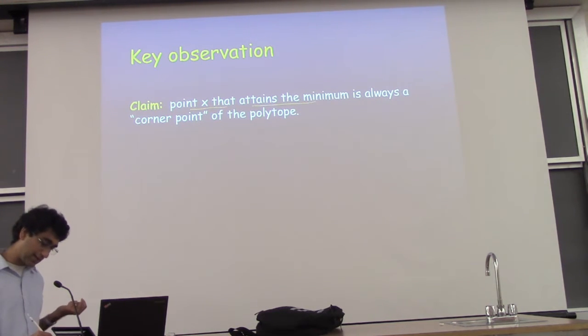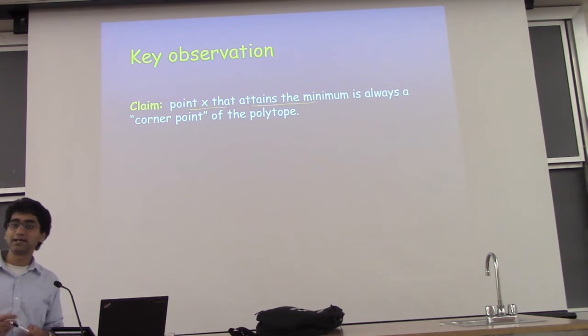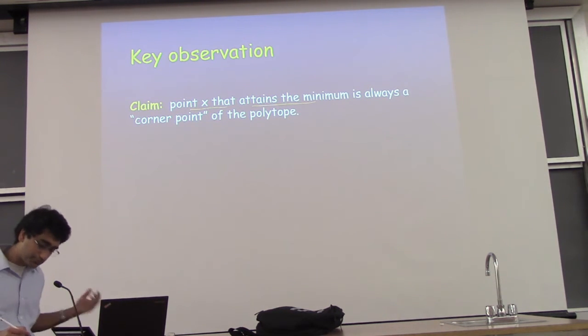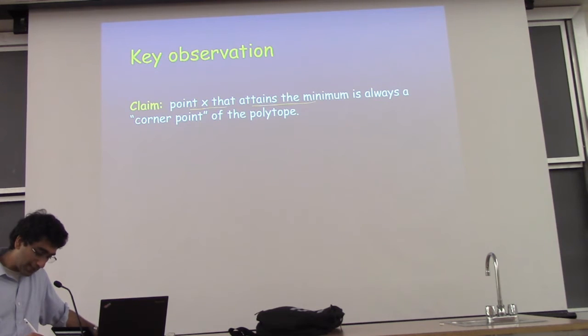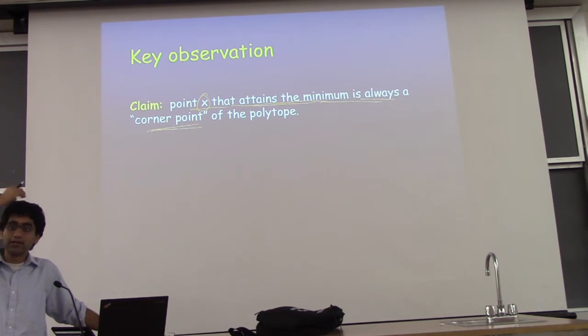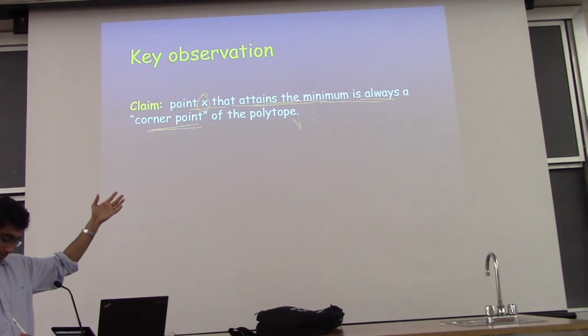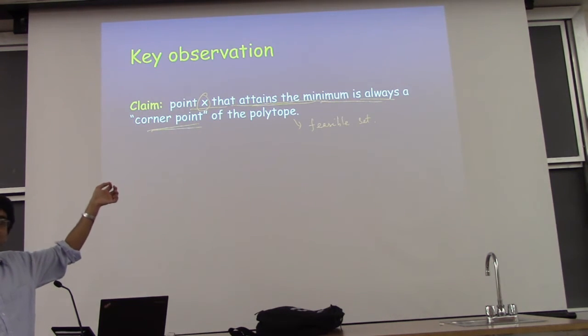So this is the other main thing about linear optimization, which is that if you take any point x that attains the minimum, it's always a corner point for this feasible polytope. And the cool thing is that, if you think about it, the polytope is just the feasible set, right? So this has nothing to do with the objective function.